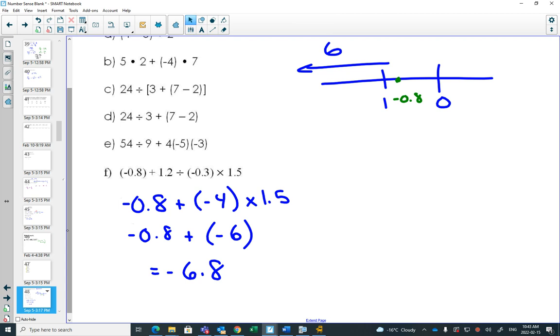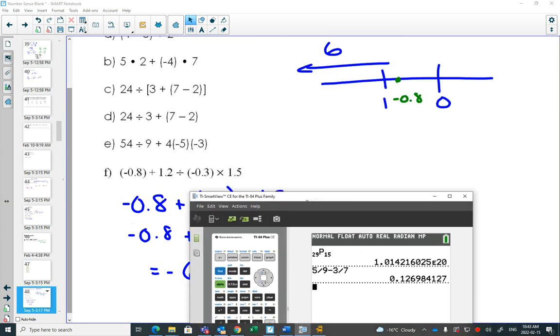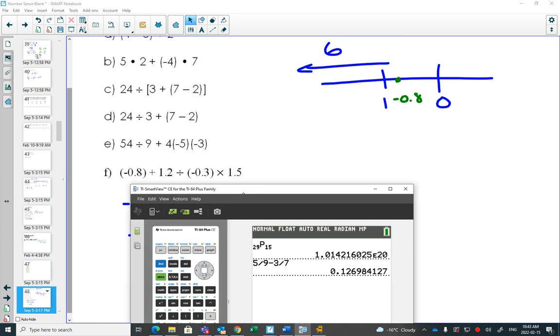Now, if you have a calculator, what I want you to do right now is take out your calculator, and depending on your calculator, the nicest calculators for grade 9, you can see what you're typing. So for example, on my calculator here, I can put a bracket, just like I have there.